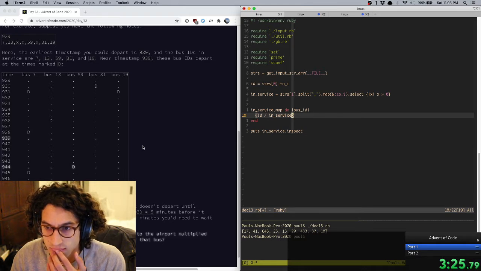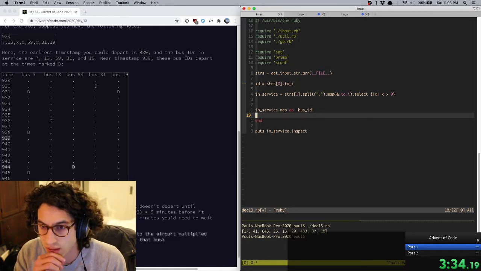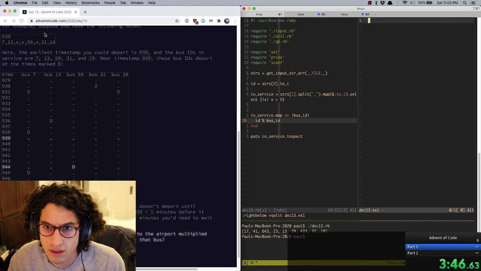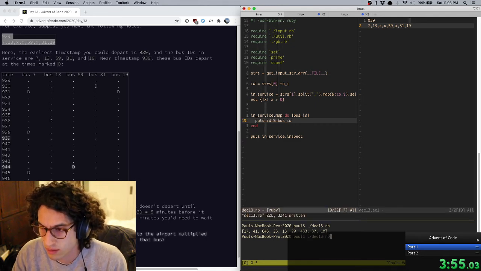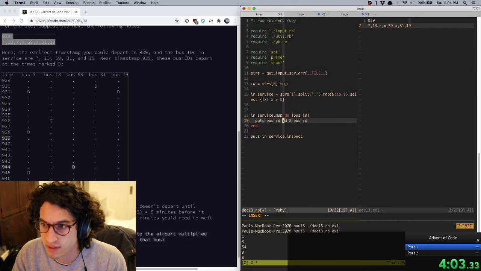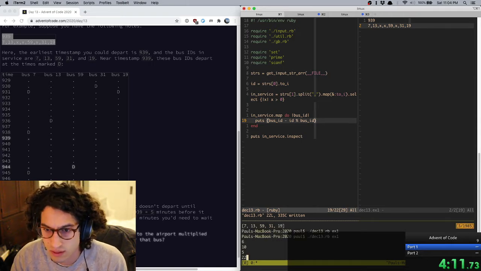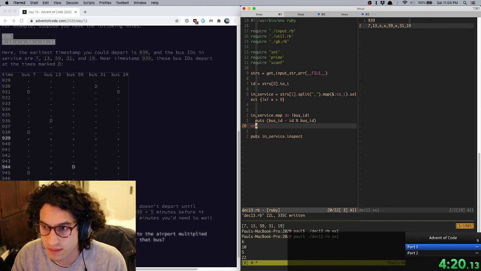So it's the modulus: ID mod bus ID, and then bus ID minus that. Delays equals that.